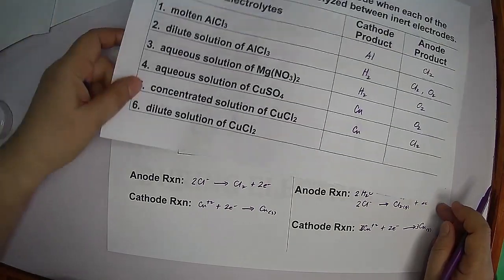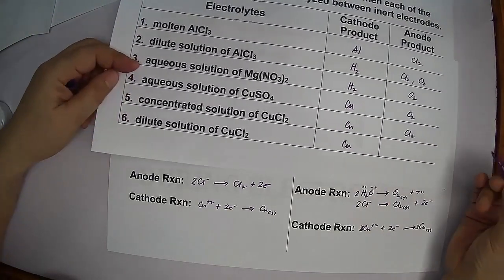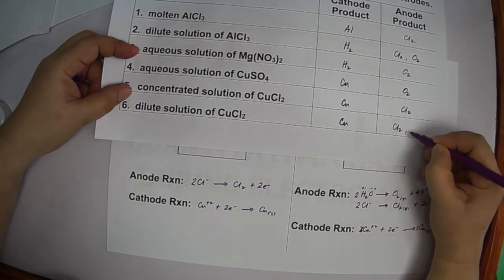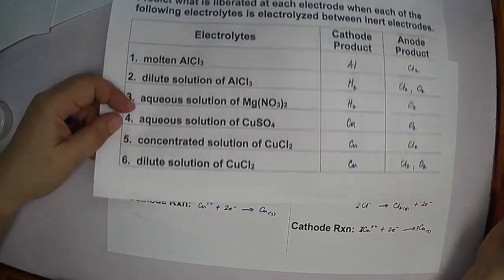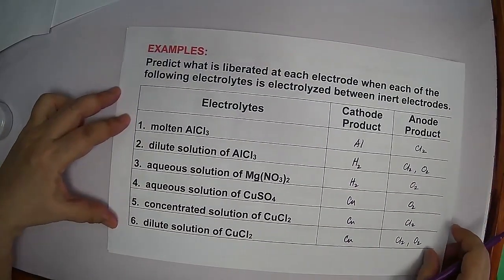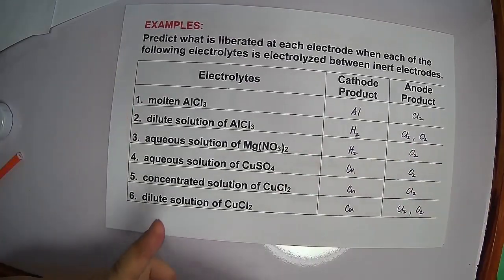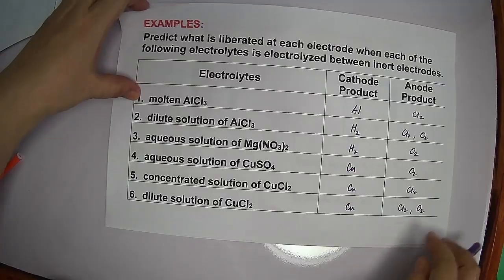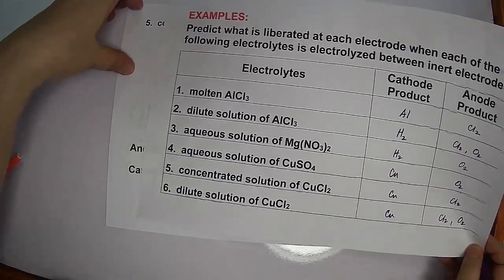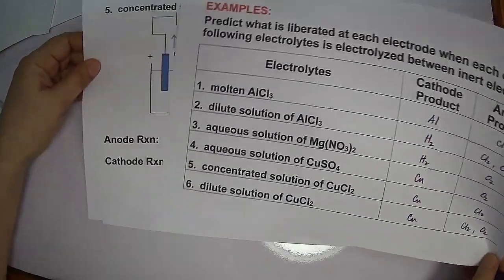So for completing the table, we have copper at the cathode. And here we have chlorine gas and oxygen gas. That completes the table where we were asked to predict the product based on the activity of the element with respect to one another.